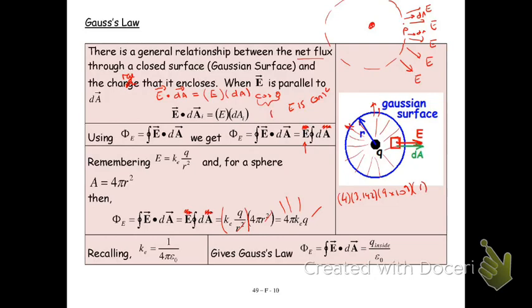That's how many arrows we should imagine, and that would be a lot. It's about 1 times 10 to the 11 arrows for a 1 Coulomb charge. I'd be there all day drawing them. That's beside the point.